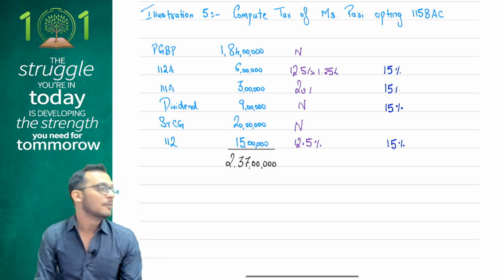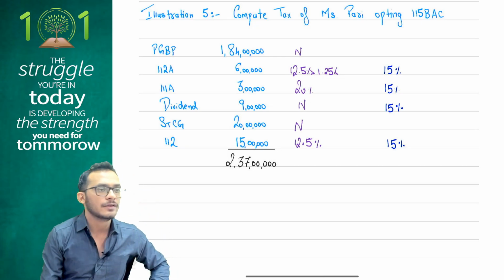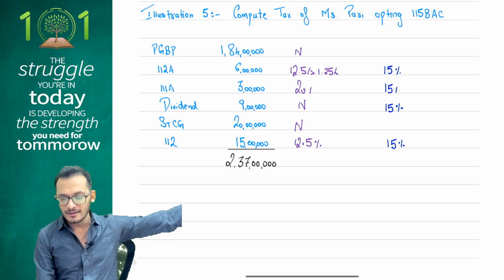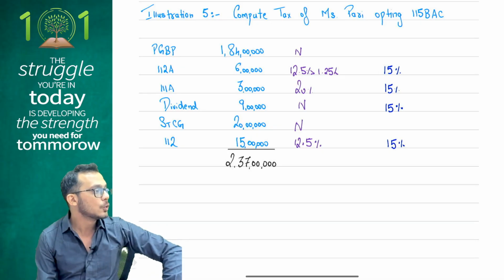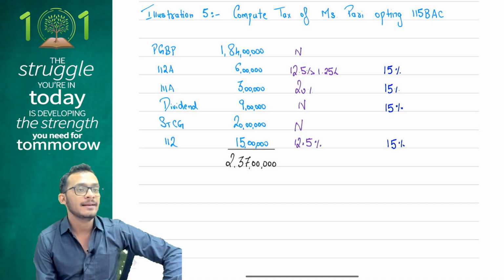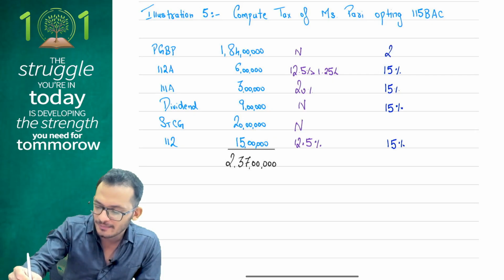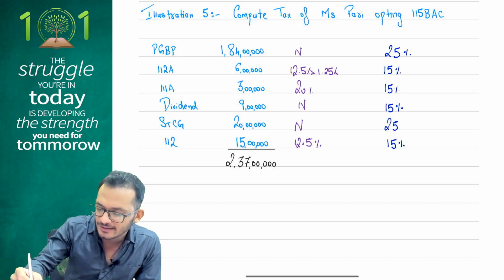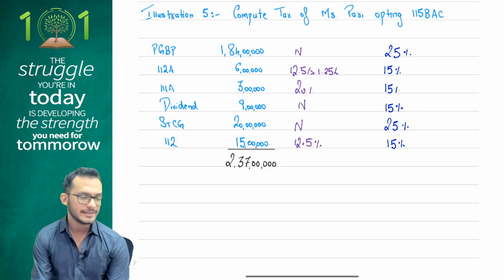Now, the moment these 4 parties said 15, other parties will look standalone. Standalone, 1 crore 84 plus 20 lakhs becomes 2 crore 4, which becomes 25%. So I am now claiming 25% on PGBP and 25% on STCG. This is what the facts are.